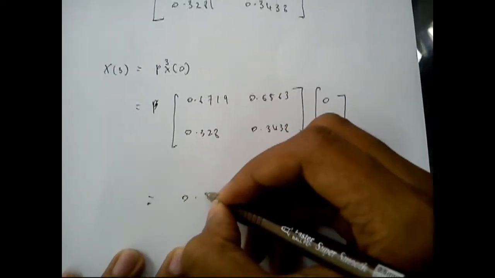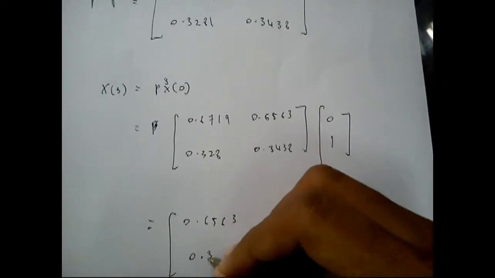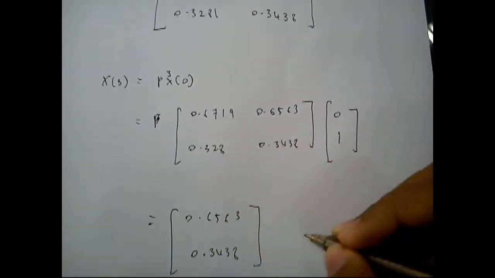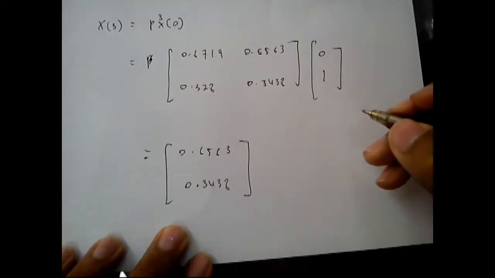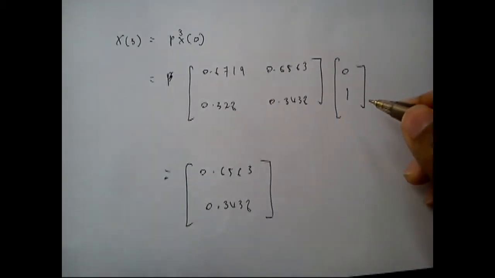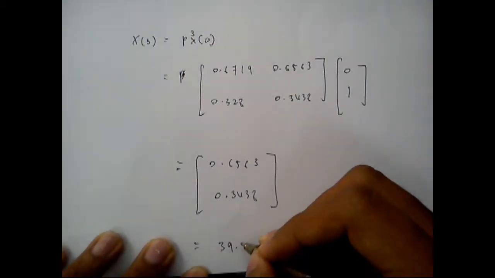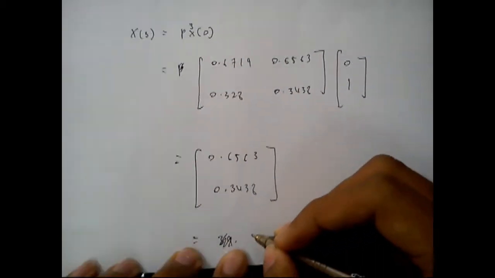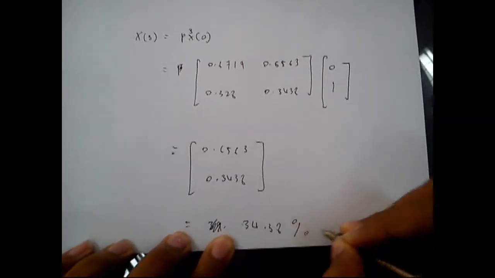Then we get 0.6563, 0.3438, and it is equal to 34.38%. So that's the answer.